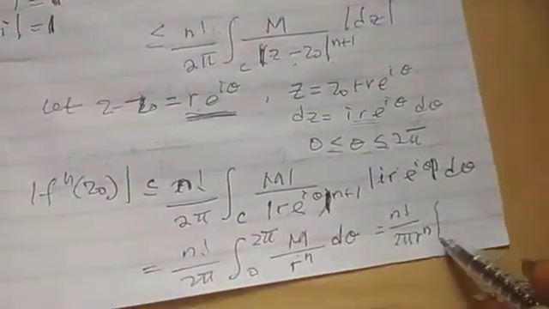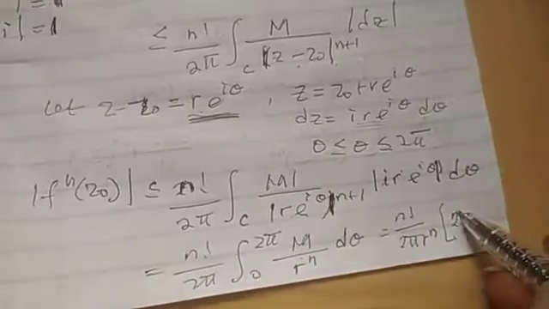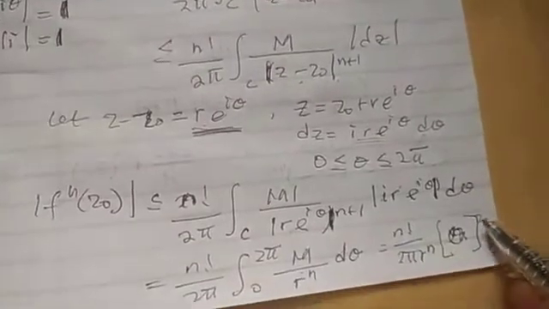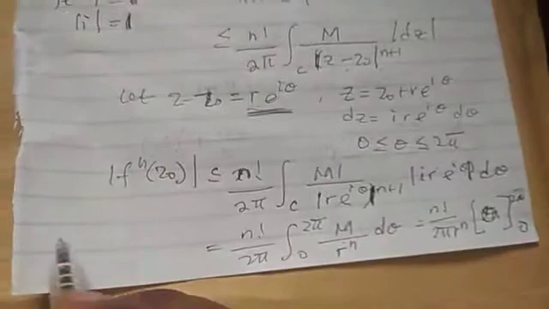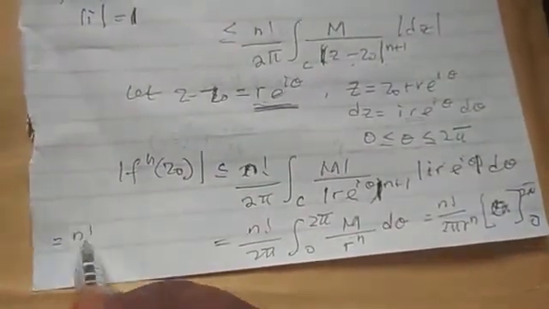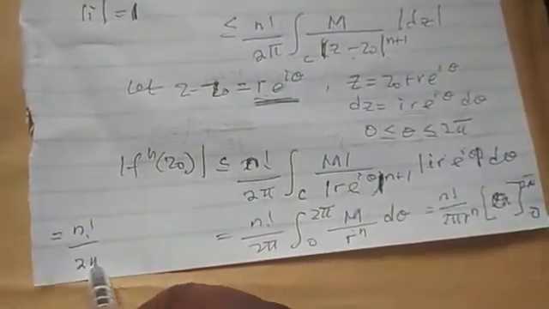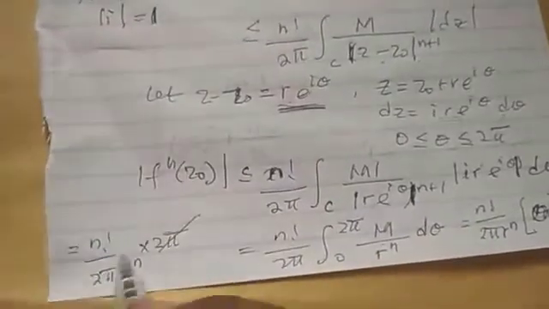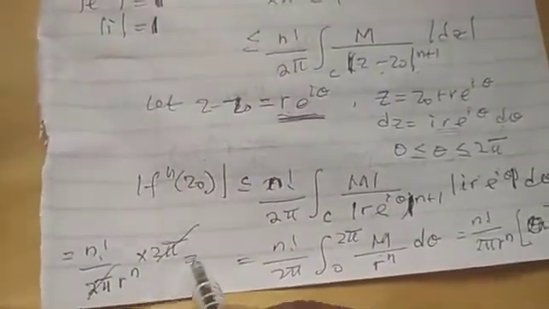When we integrate this, we should have θ, because only the θ will remain inside, from 0 to 2π. Finally, this is n! over 2π r^n. The whole of this thing, after substituting, should give me 2π. From this place, 2π cancels 2π.